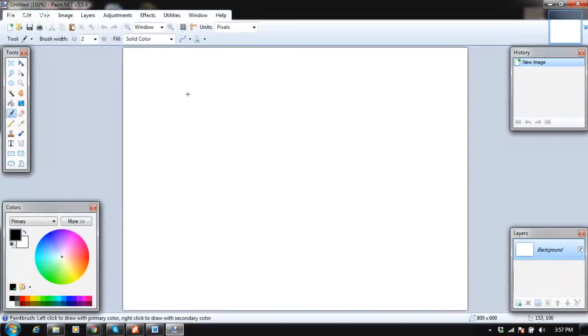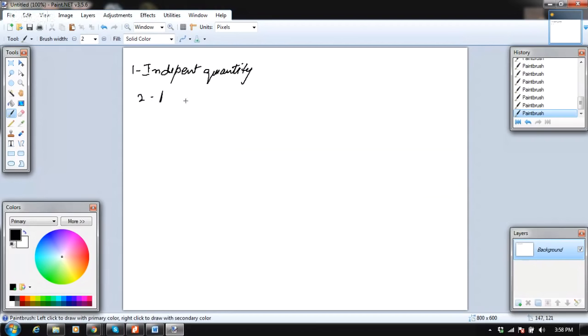When we start solving questions, we think about many different variables. So before you start writing the script, the very first thing is you must know which is the independent quantity. You need to identify the independent quantity, and then find out which one is the dependent quantity.